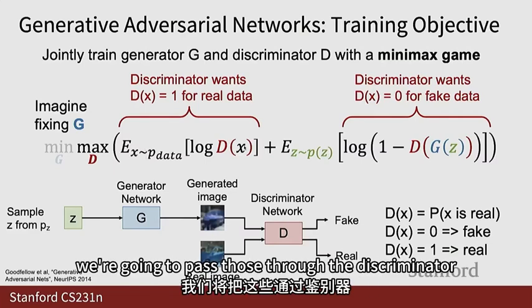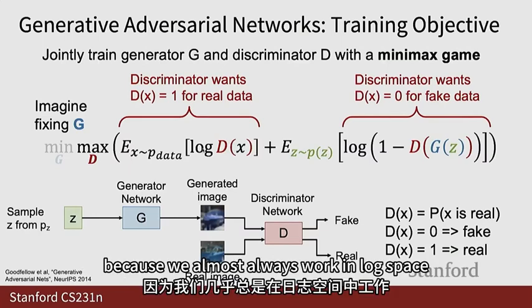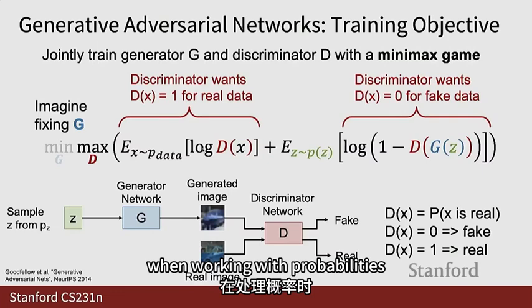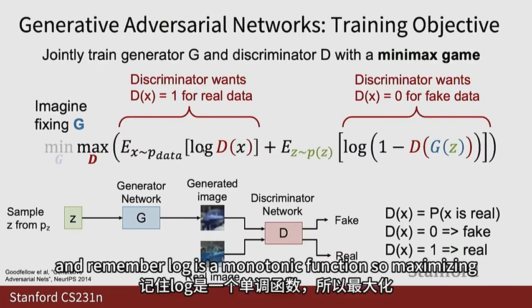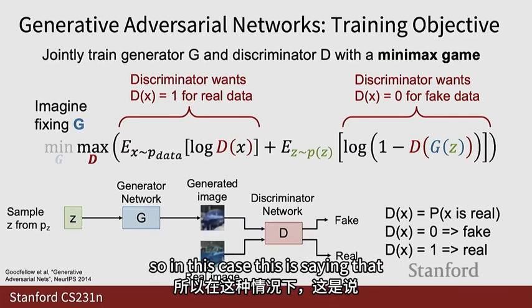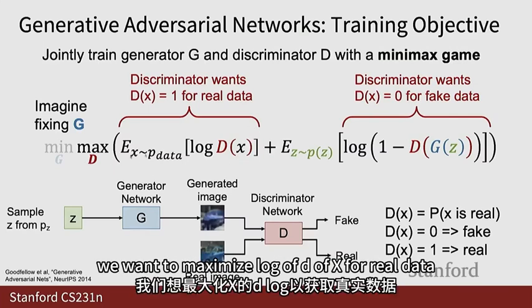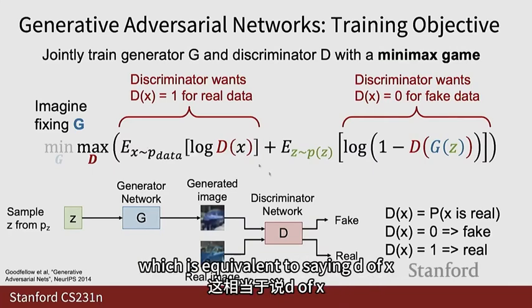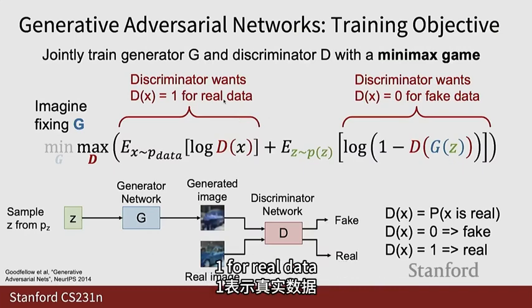We're going to pass those through the discriminator and then take a log, because we almost always work in log space when working with probabilities. And remember, log is a monotonic function, so maximizing log of x is the same as maximizing x. So in this case, this is saying that we want to maximize log of D of x for real data, which is equivalent to saying D of x equals 1 for real data.